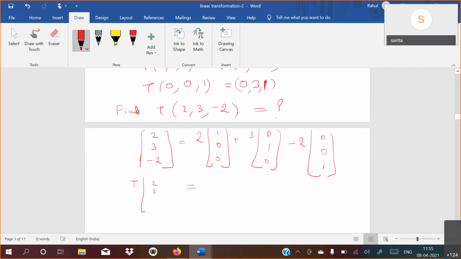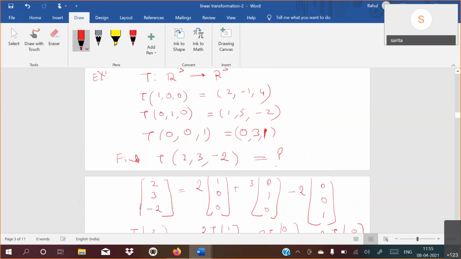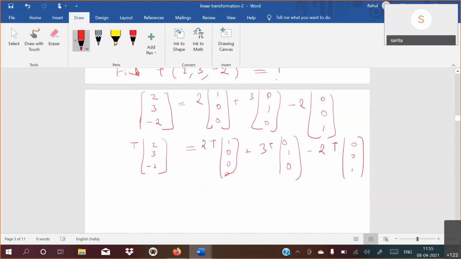T of (2,3,-2) is equal to 2 T(1,0,0) plus 3 T(0,1,0) minus 2 T(0,0,1). Right, so T(1,0,0) and the others are all given, so this becomes 2 into (2,-1,4) plus 3 into (1,5,-2) minus 2 into (0,3,1).